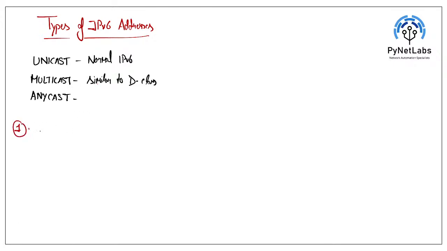So now let's see category wise. The first category we have is your unicast address. When we are talking about this unicast address, inside this unicast we got three categories. So we can write, we got three categories of unicast address.